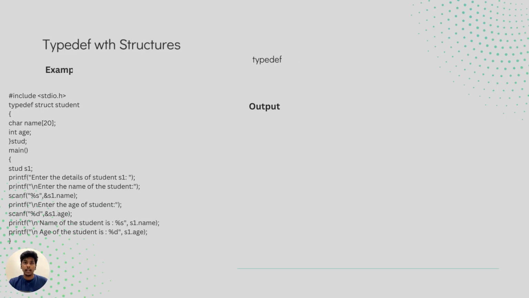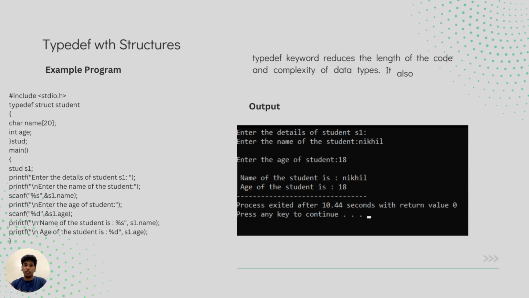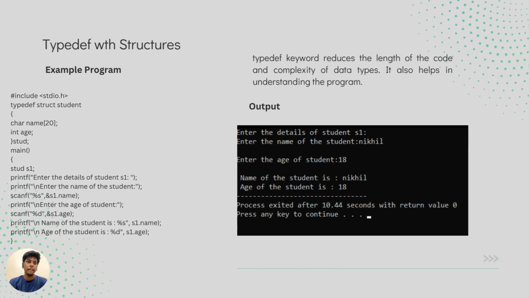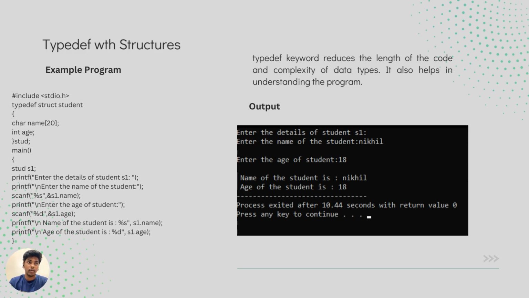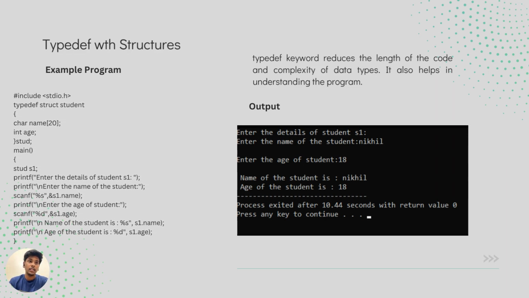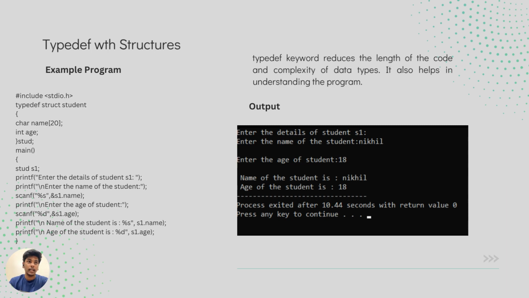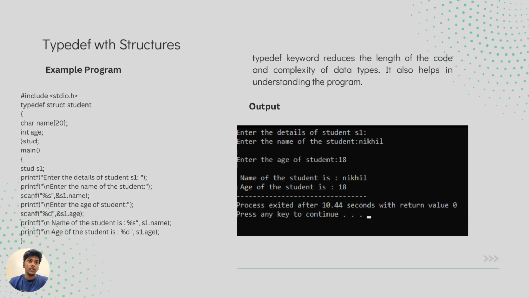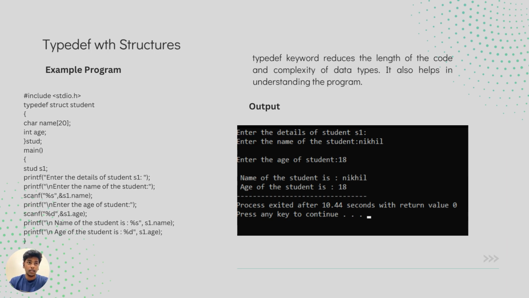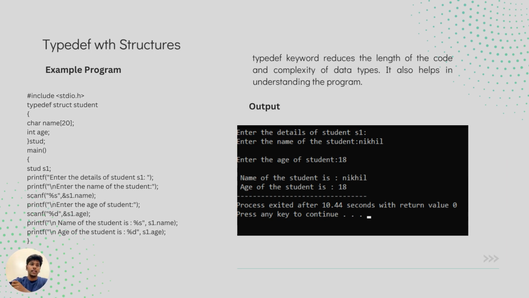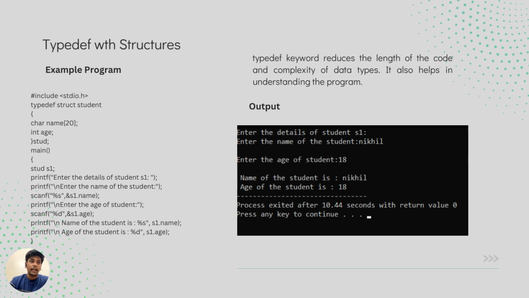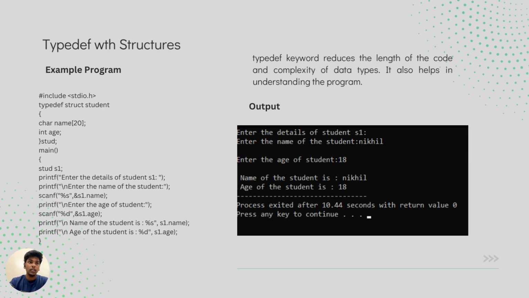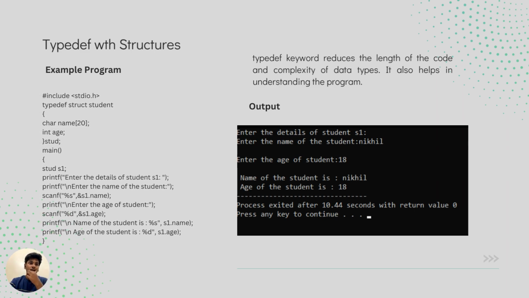Okay, and then let's get into another program, typedef with structures. Example program: #include stdio.h and typedef struct student. Then I'm going to declare the structure members: char name array of 20 and int age, bracket close, and stud semicolon.